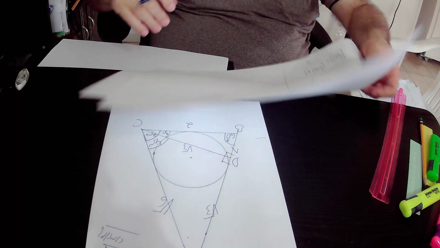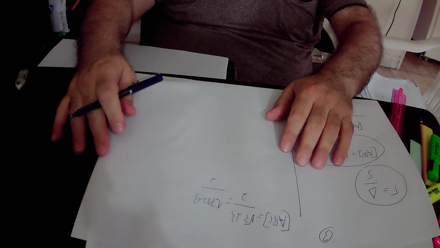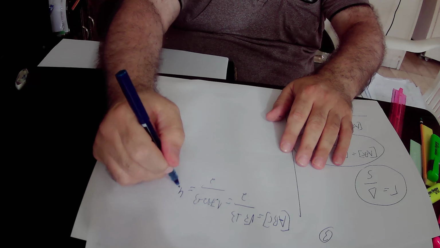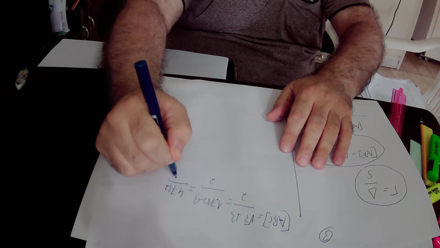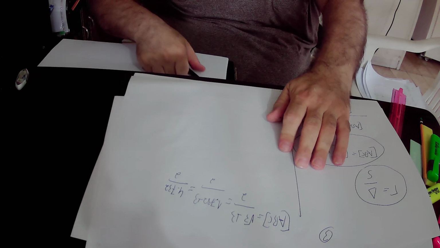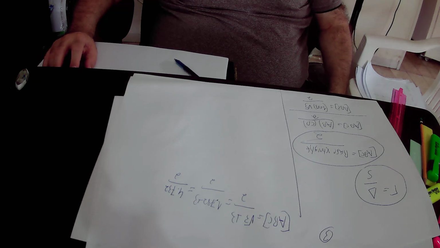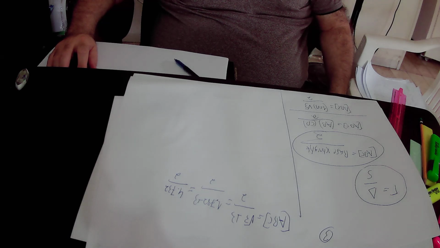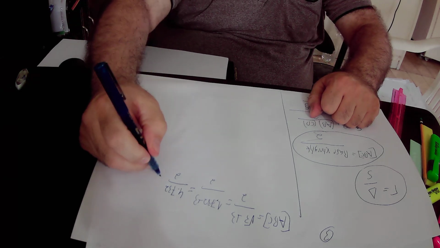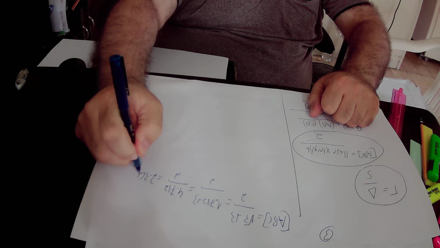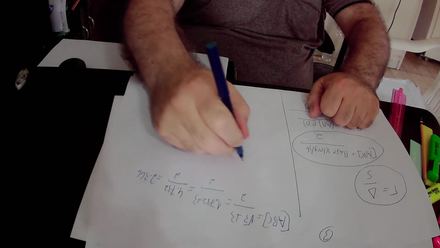So here 1.732 plus 3 is 4.732 over 2, and 4.732 over 2 is equal to 2.366 square units.